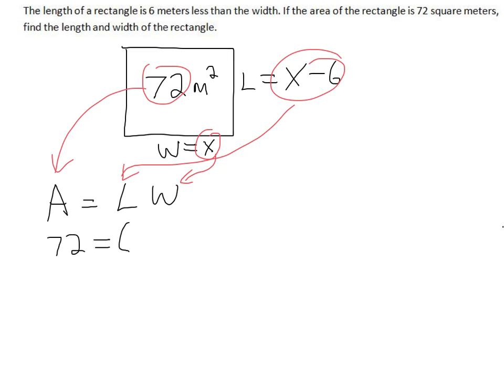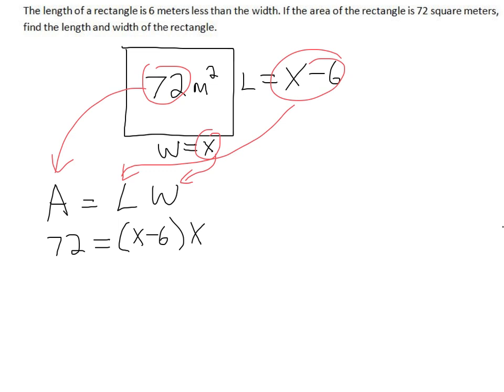Now because L is a binomial, it's going to be multiplied by width. It needs parentheses around it. You almost always put a binomial in parentheses when you work with it. So parenthesis x minus 6, close parenthesis, and the width is x. Okay, great. We are looking at an equation that now just has x in it.